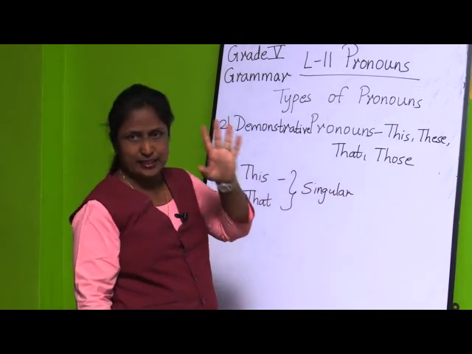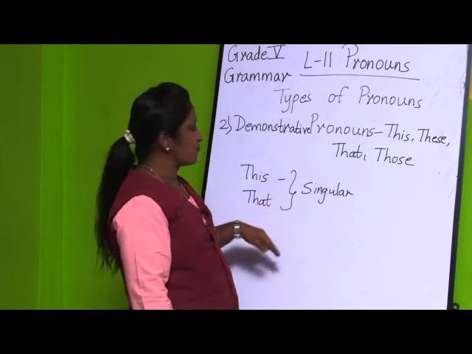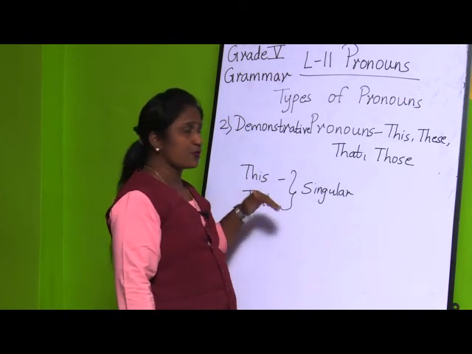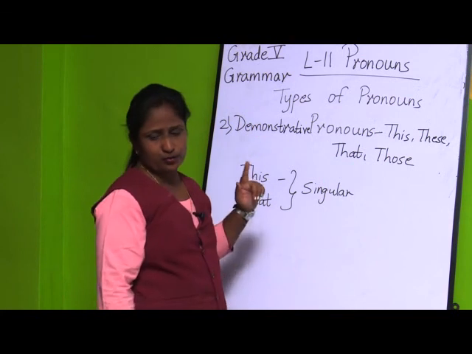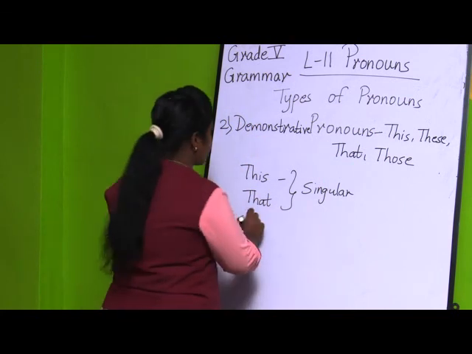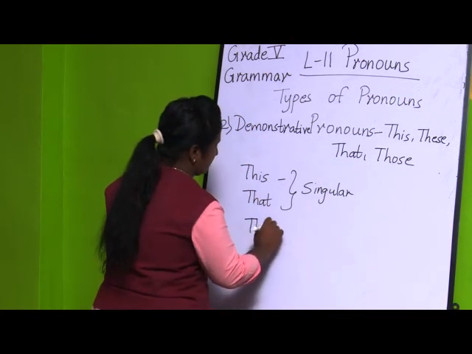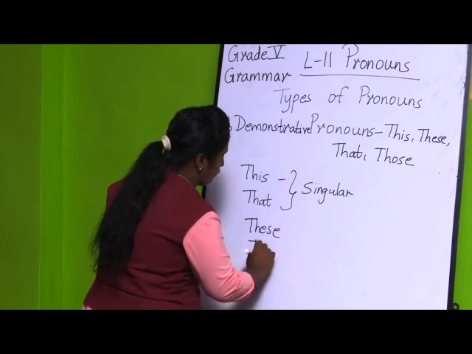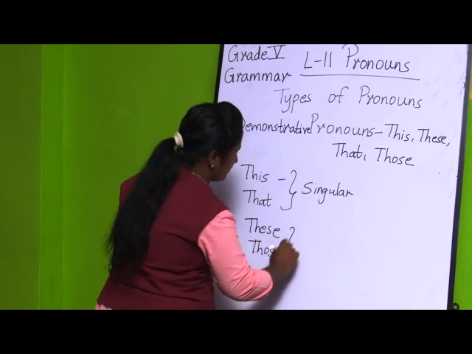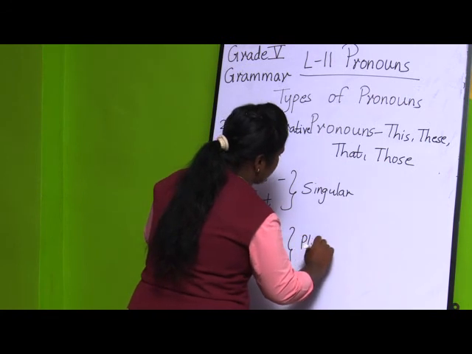If you want to show any singular noun, you are going to use the pronouns this and that to point out the object. Then these and those are for plurals.